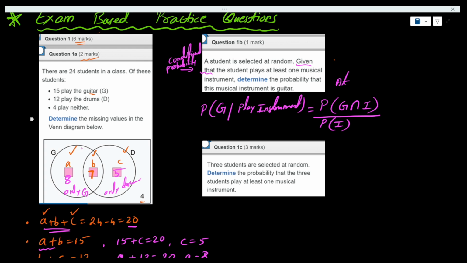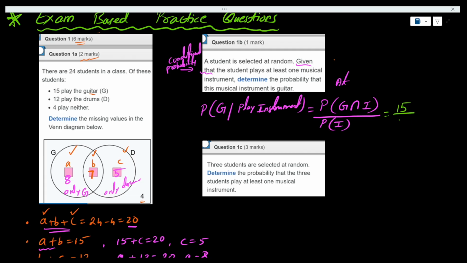Now if I take G intersection I, it means playing guitar out of playing any of the instruments. Playing an instrument means these two circles are possible. So if I take only guitar, what is that? 15. So I can take 15 in the numerator by total.